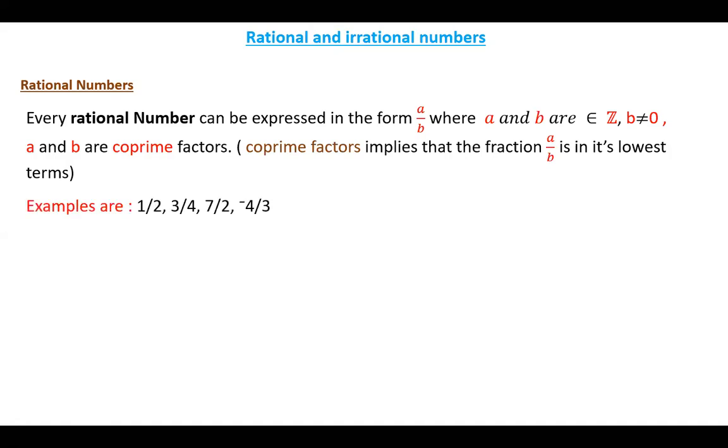So these are examples of rational numbers. They are fractions, and these fractions, A and B, are always in their lowest terms.